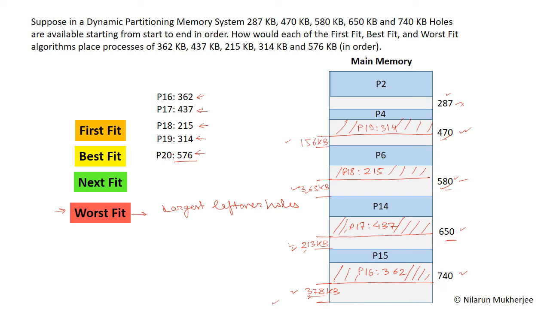Even though we have a big amount of total hole left, 287 kb, 365 kb, 213 and 378. So I have a hole of 287 plus 365 plus 213 plus 378 around this many kb left, but still I cannot fit P20.